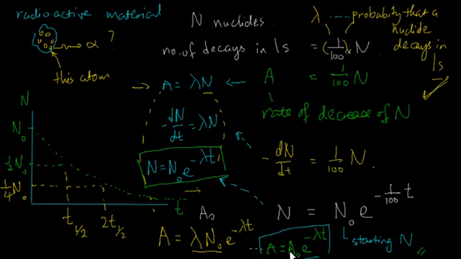Now this means that if I plot a graph of the activity, it would have the same shape, the same kind of curve as the graph for n. So instead of n, I can also use a.